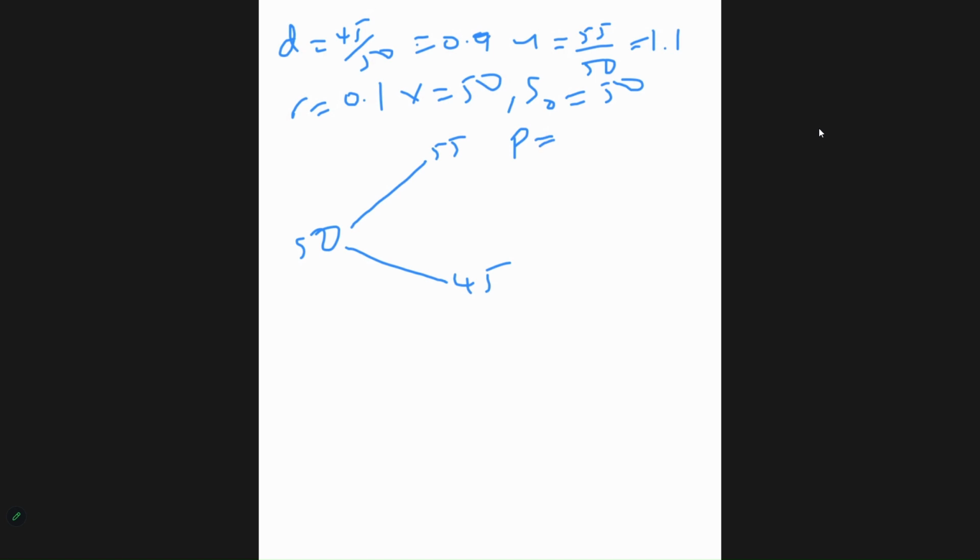So P, we said, is exponential, this is 6 months, so it's going to be exponential R times T, which is 0.1 times T, which is a half, minus D, which is 0.9, divided by 1.1 minus 0.9.